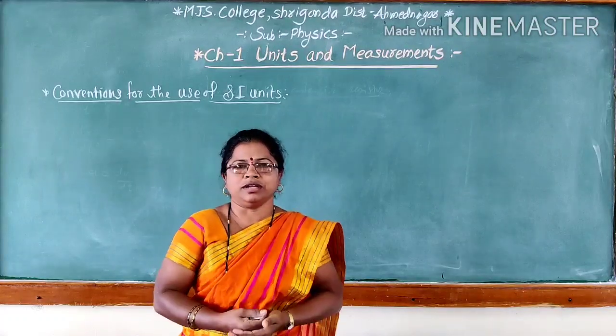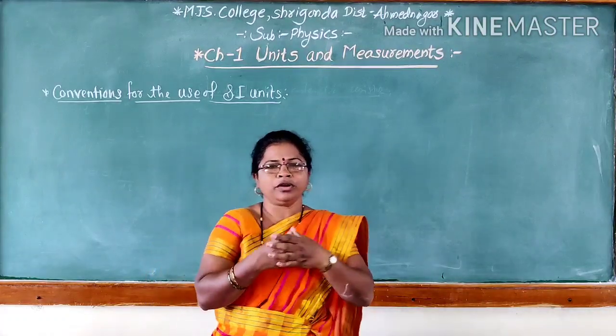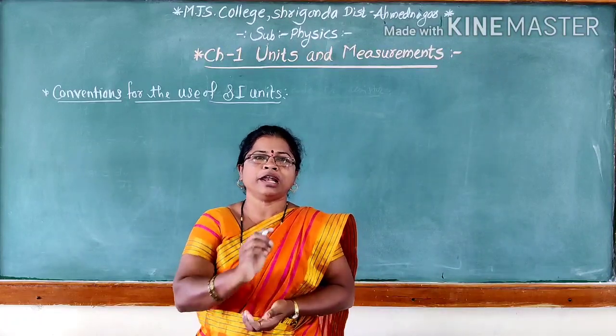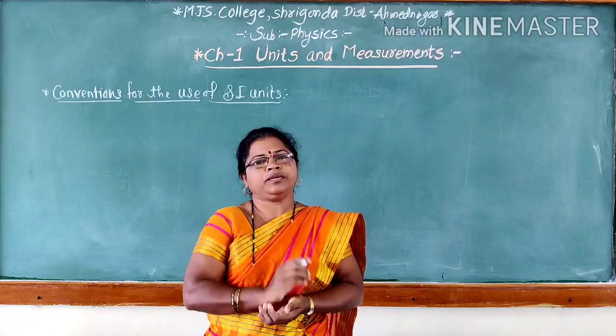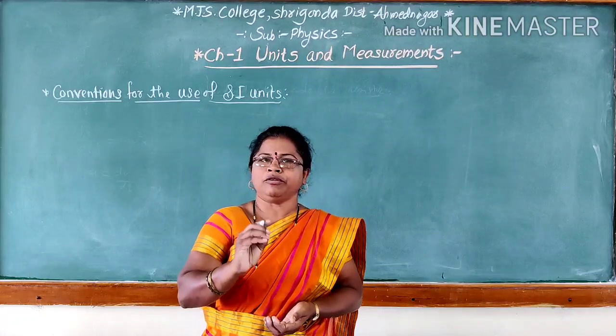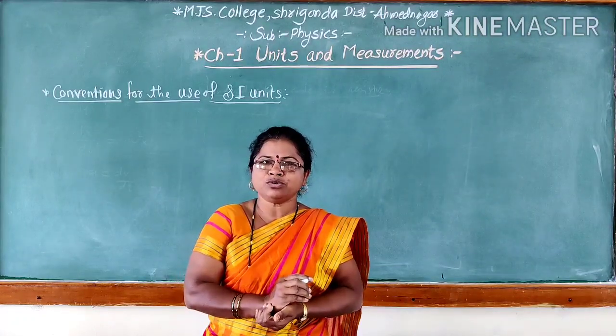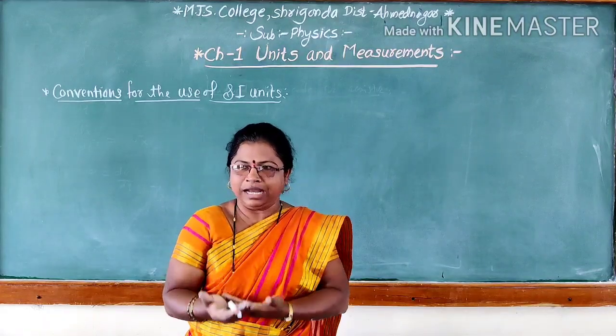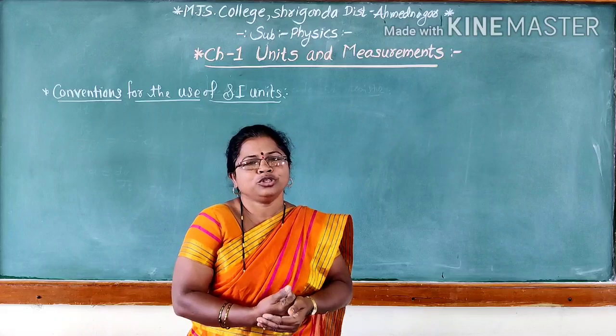From that, the first one is that the full name of a unit always starts with a small letter, even if it is after the name of a scientist. That means what? The unit of energy is joule.